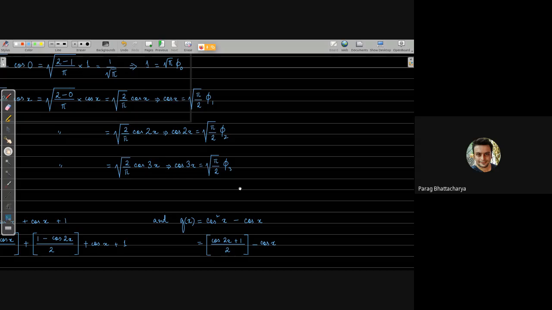Phi 3 will not appear in this expression, because only cos x is there, cos twice x is there, and 1 is there. So only phi 0, phi 1, and phi 2 will appear. There will be no phi 3 here.